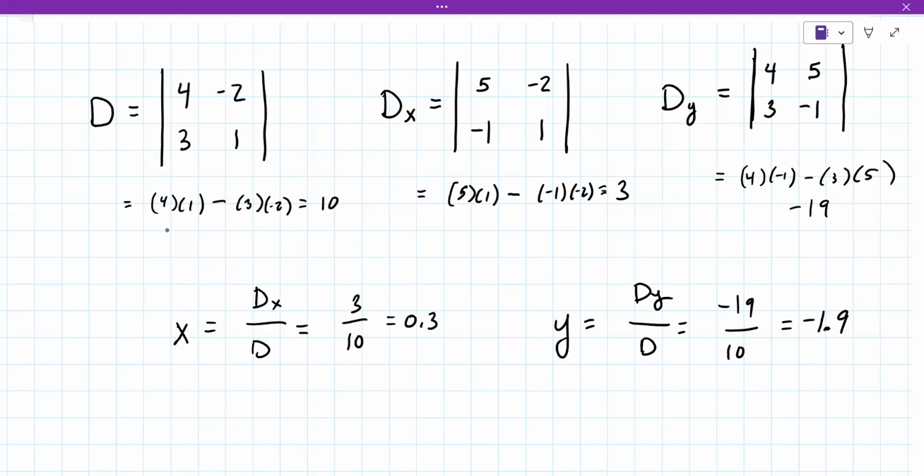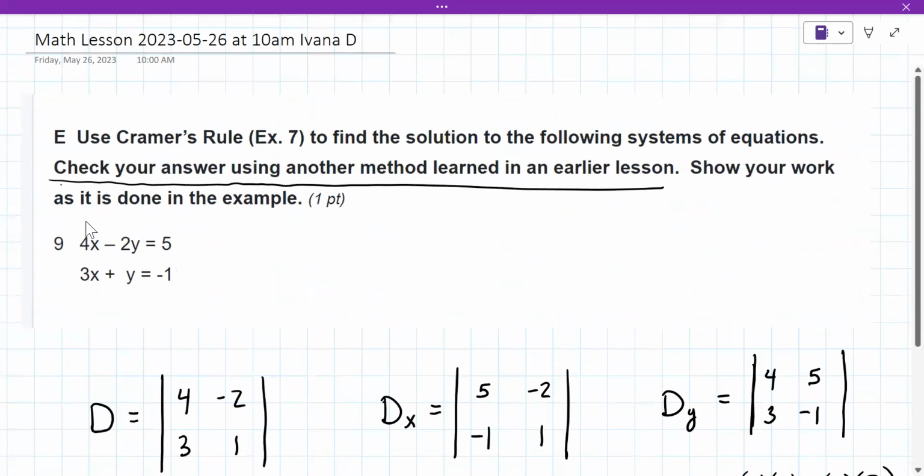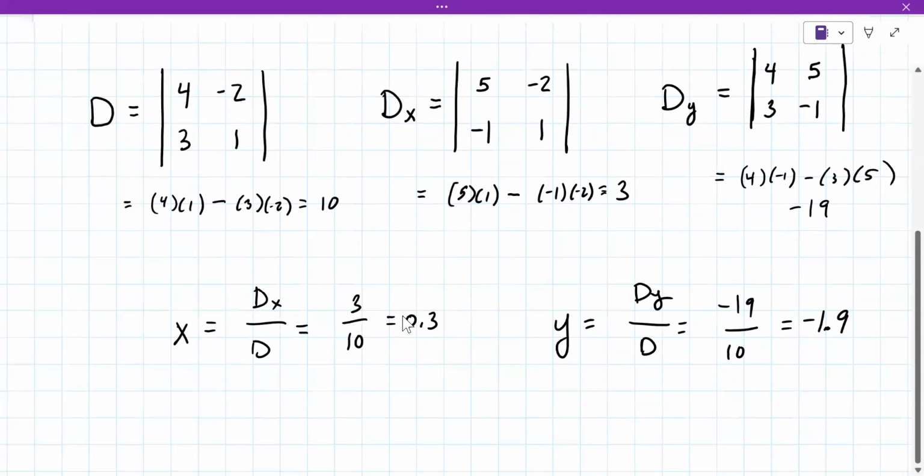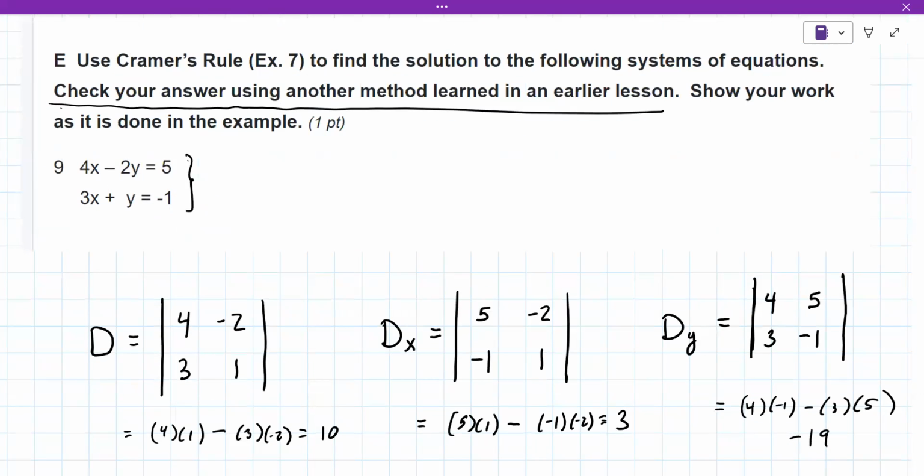Okay. All right, so it says to check your answer using another method learned in class. I'd like you to graph these in Desmos, and then hopefully the intersection point is 0.3, -1.9. So will you graph that for us, please?